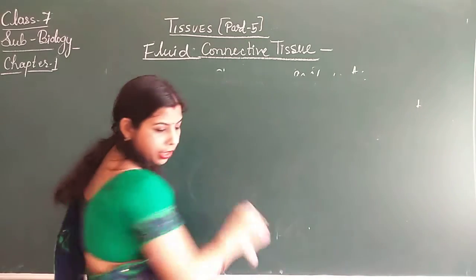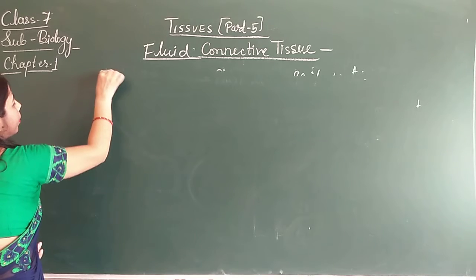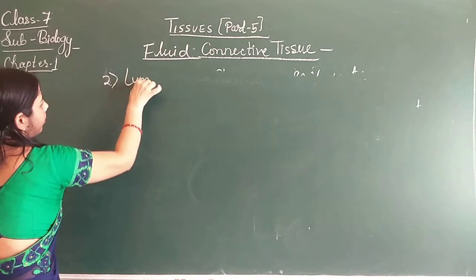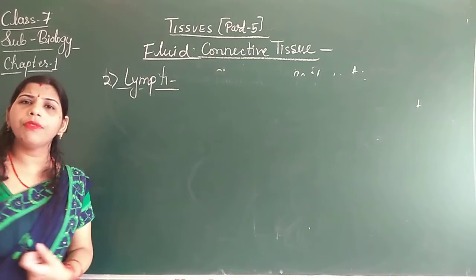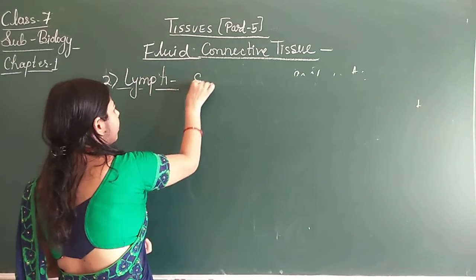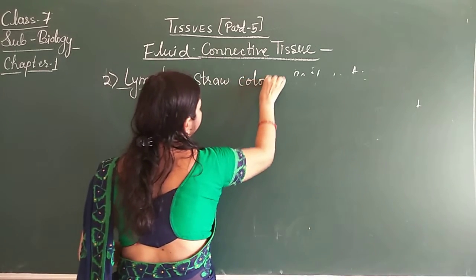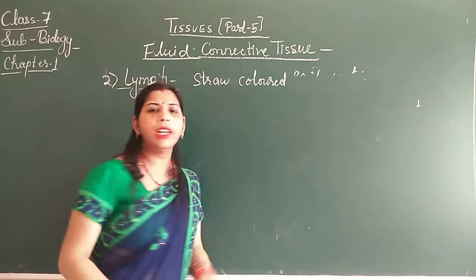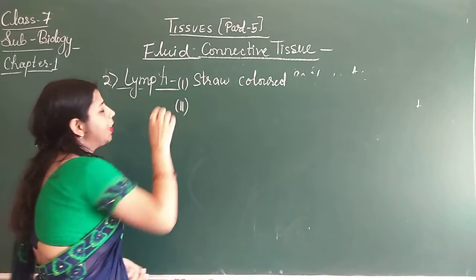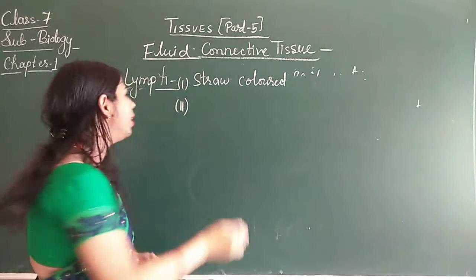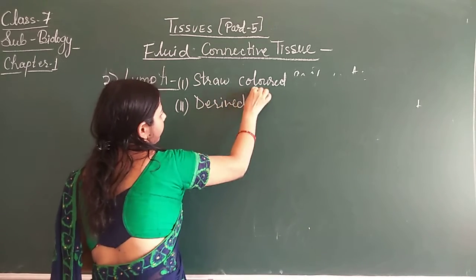Now the last of the fluid connective tissue is lymph. Lymph is a straw colored liquid. This fluid is derived from the space between the cells and around the cells.